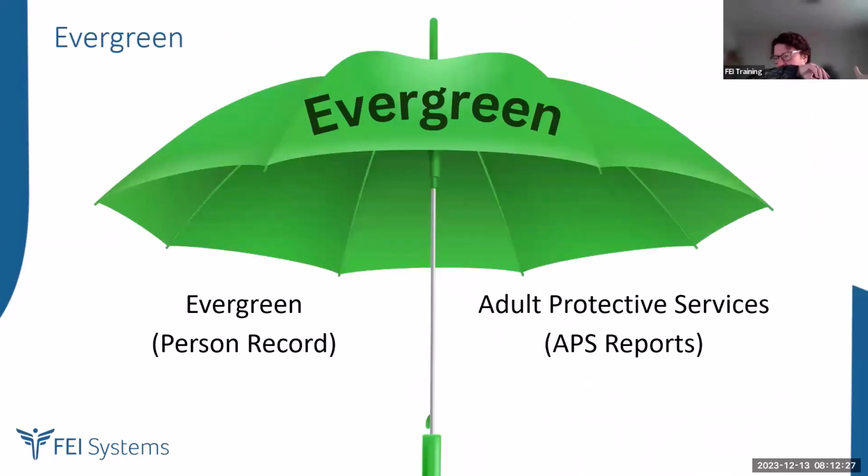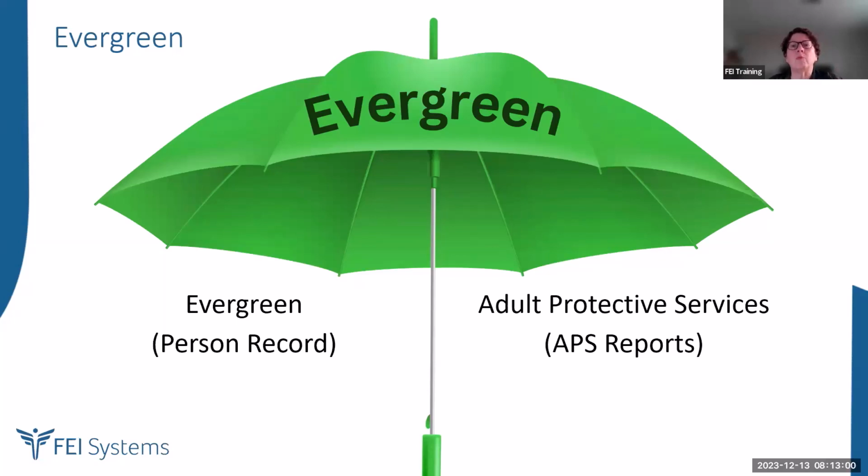So, Evergreen. There are two parts to Evergreen. The person record, which is our focus today, and then there's also adult protective services reports, or APS reports. And the commonality between these two is the person record. The person record contains all of the relevant information on the person, such as their demographics, their health information, their forms, and so much more.